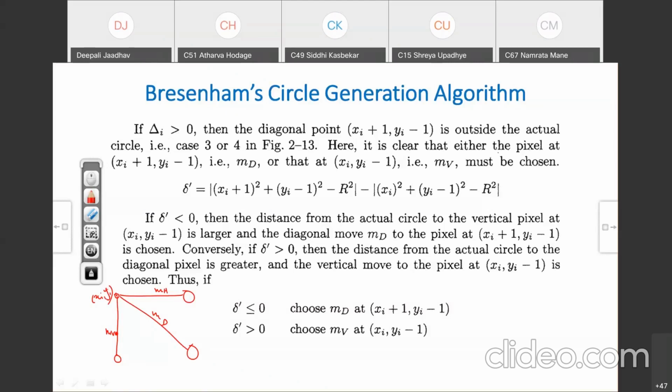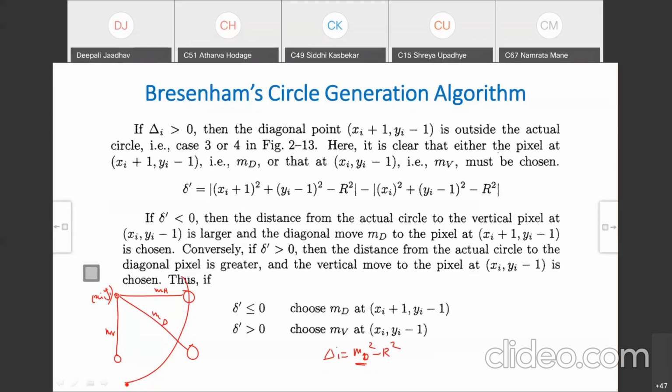How do we calculate delta I? Initially, it is MD squared minus r squared, correct? What is r? Any point on the circle. So if it is greater, what does it indicate? It is outside the circle, because it is greater than the radius.